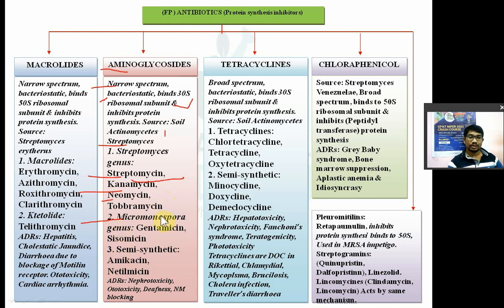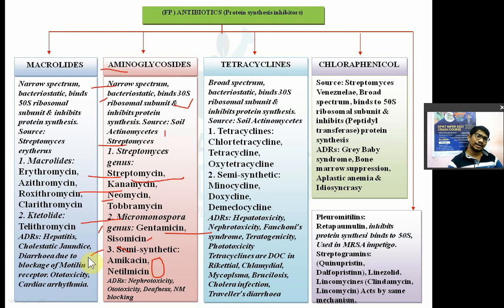Now those drugs isolated from the Micromonospora genus are known as micins. So gentamicin, then sisomicin. Now a third category is also there, semi-synthetic aminoglycosides. In that you have amikacin and netilmicin. Amikacin, netilmicin are known as semi-synthetic.